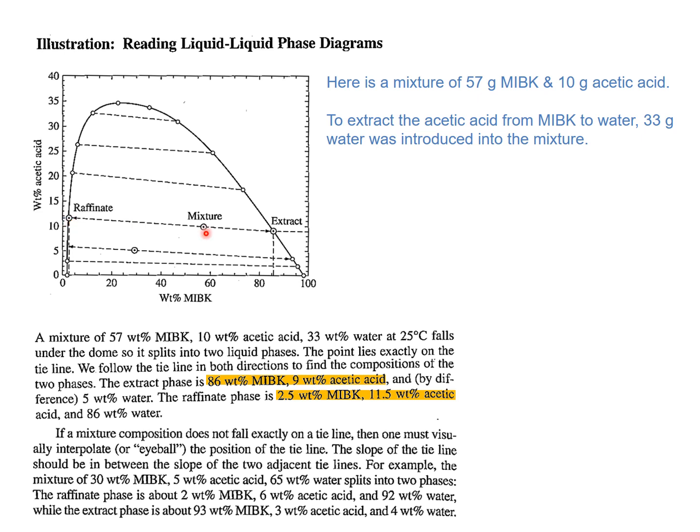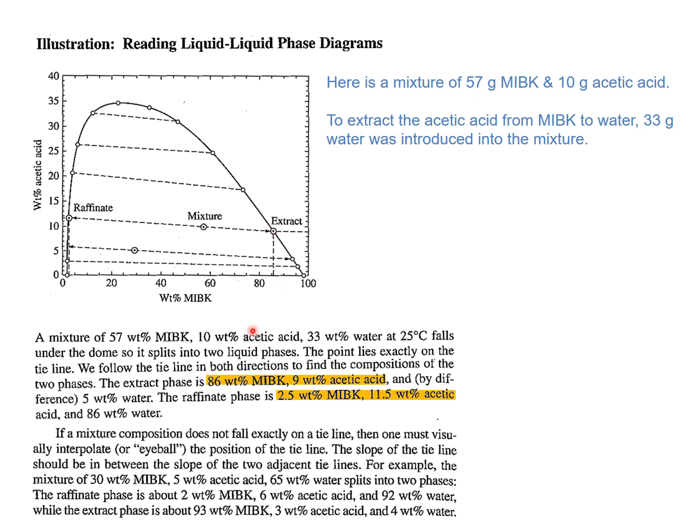And then how about the extract? Let's go to the right side along the tie line, and then we could read the extract point for the mass weight percent of MIBK and acetic acid.